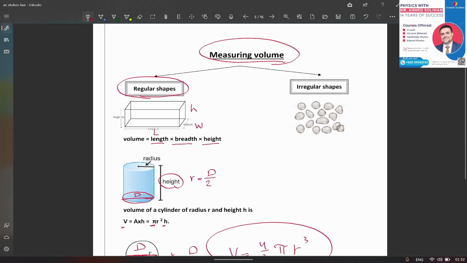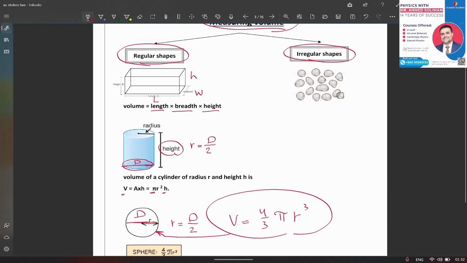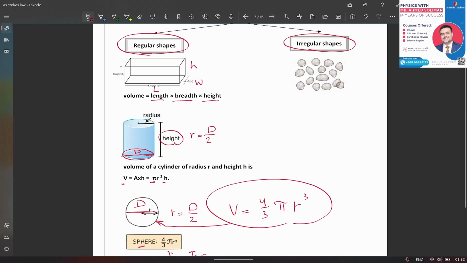What if the object is an irregular shape object? You need now to use another instrument. You can't use a ruler because this is an irregular shape. We will use a measuring cylinder.